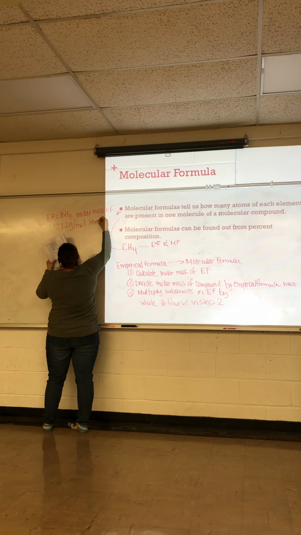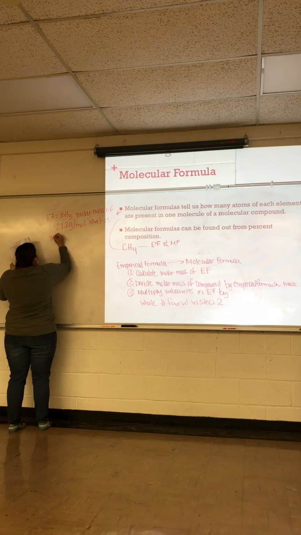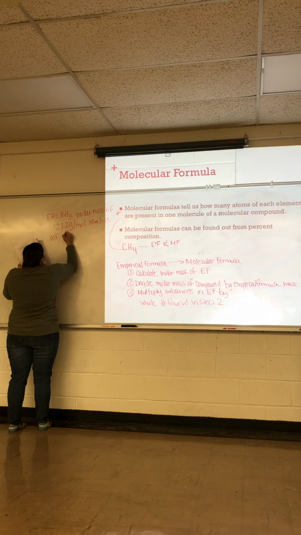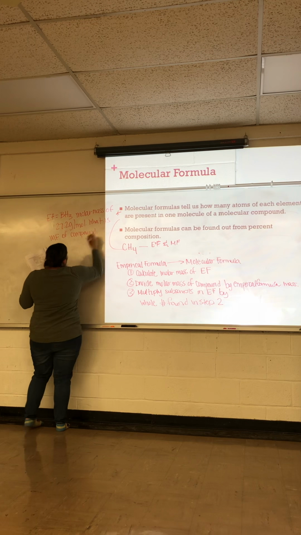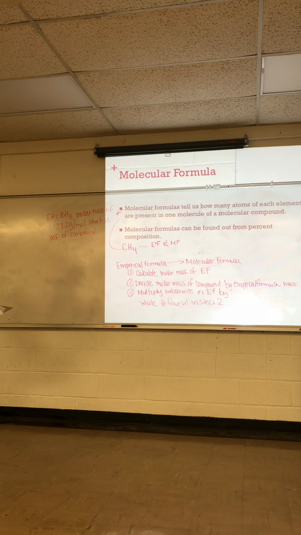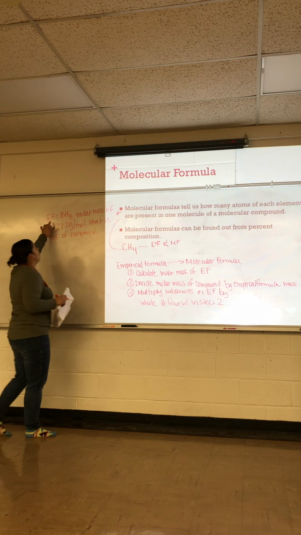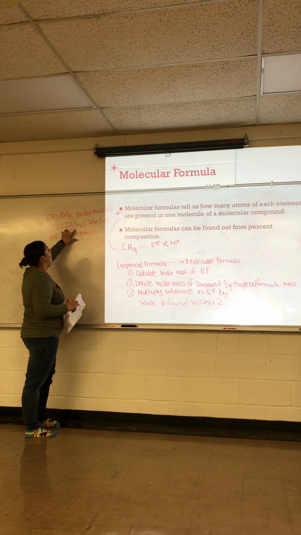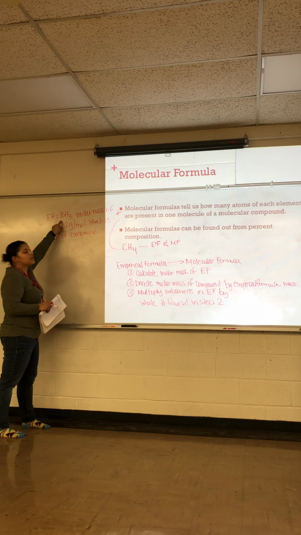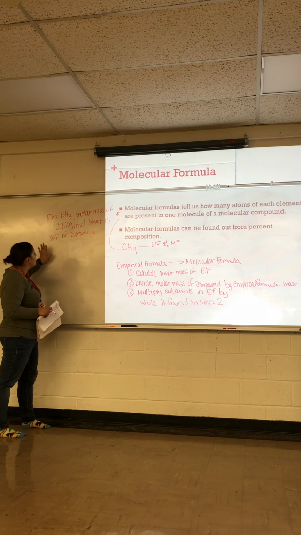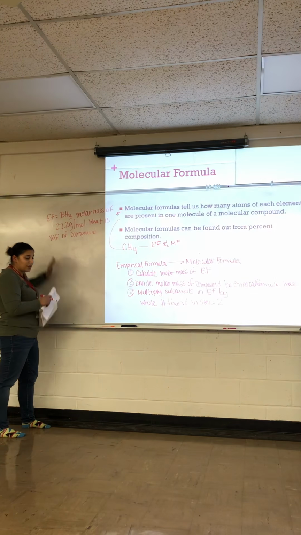What is the molecular formula of the compound, excuse me? So a lot of words. All I'm asking for is for you to use the empirical formula and the molar mass of the compound to figure out what the molecular formula of the compound is. We cannot assume that just because the empirical formula is BH3, that the molecular formula will be BH3.